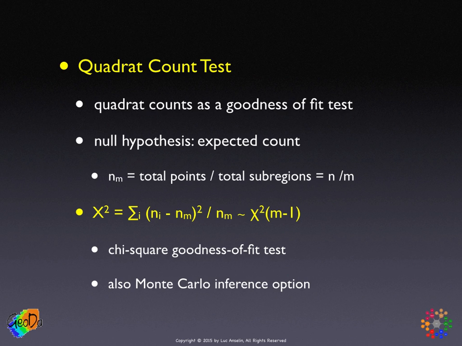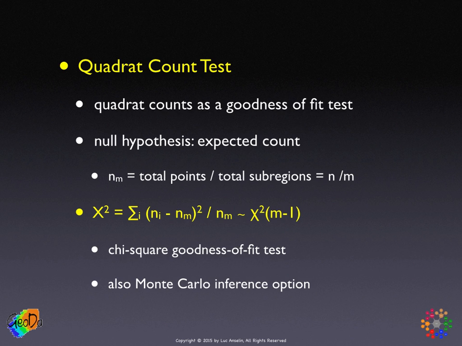In the classic chi-square test, the number of degrees of freedom is the number of cells, m minus 1, because we already ate up, so to speak, 1 degree of freedom by computing the mean, the expected number of points in each cell. And it's a very traditional chi-square goodness of fit test. There's been some discussion in the early literature about the appropriateness of the chi-square as such, and so an alternative is to carry out Monte Carlo inference, which is a procedure in the usual fashion.